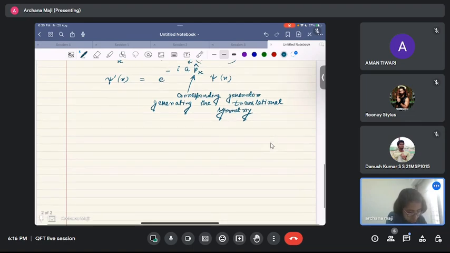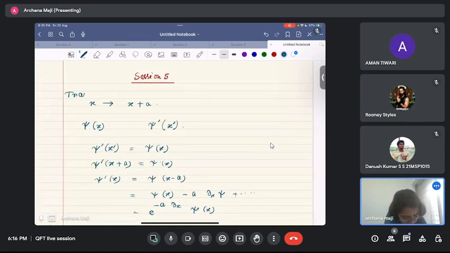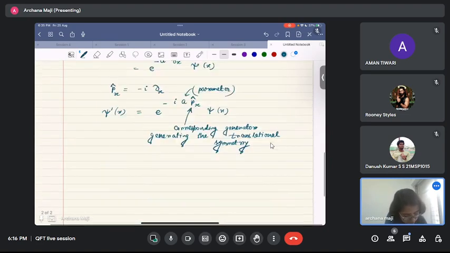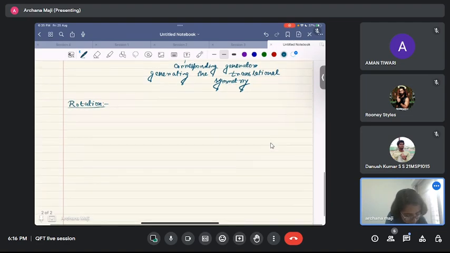Now suppose instead of translation, we are performing a rotation. So you have a vector, call it r, that is becoming r prime.